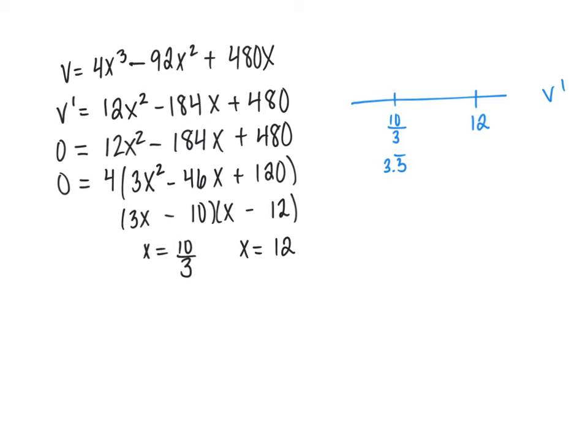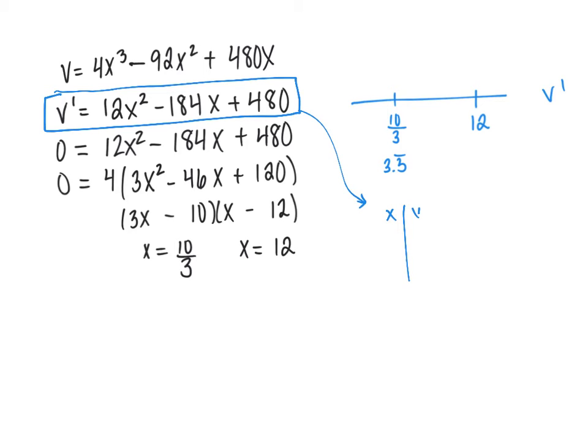And we're going to plug in to our V prime, which is this equation right here. So I'm actually going to put that V prime into the calculator and find the table of values. And I'm going to test a value smaller than 3. I'll test 0. A number between 3 and 12, I'll test 5. And a number greater than 12, I'll test 15.